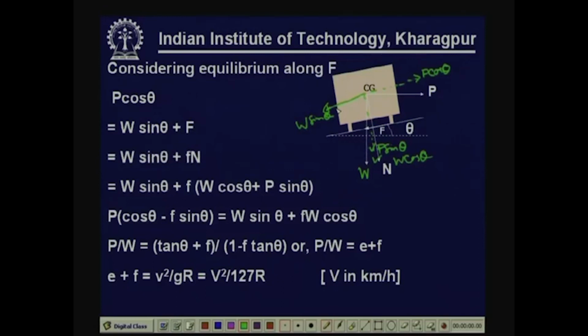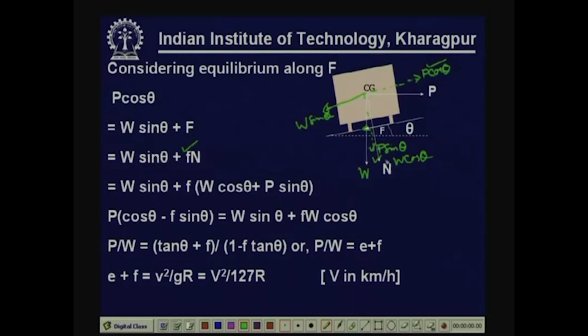Now, if we consider the equilibrium, then P cos theta should be counteracted by, or equal to, W sin theta plus F, the skidding resistance we mentioned earlier. Now, this F is nothing but the coefficient of friction small f multiplied by the total normal force.